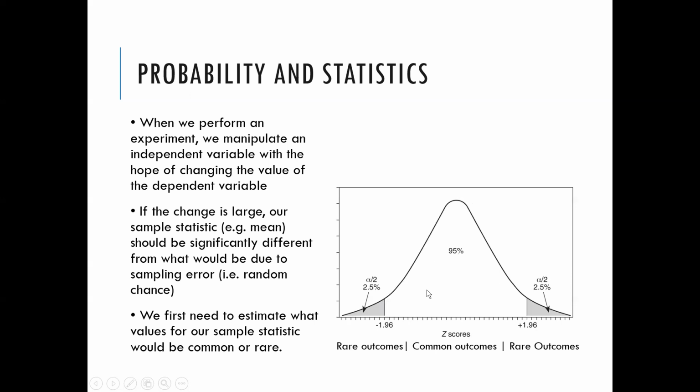Here would correspond to the most common occurrences, and then out here in the tails, that corresponds to the less common or rare outcomes. That might not be super clear, but it'll become more clear when we start to talk about specific hypothesis tests.